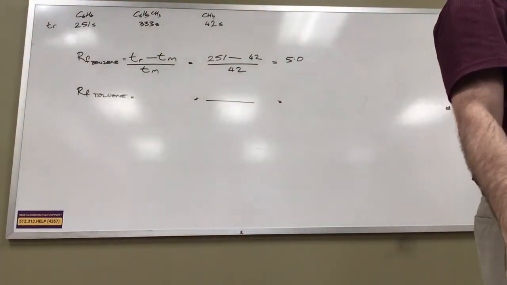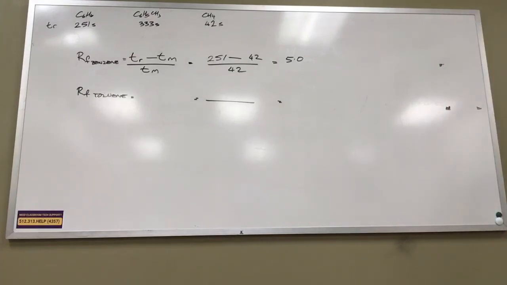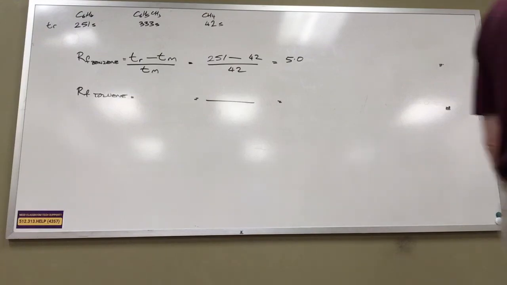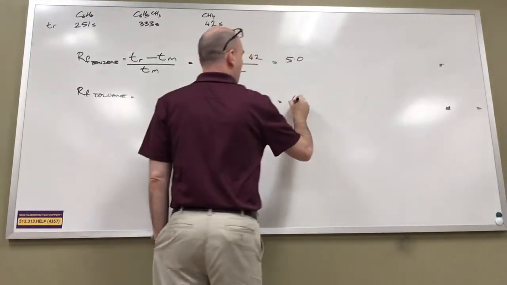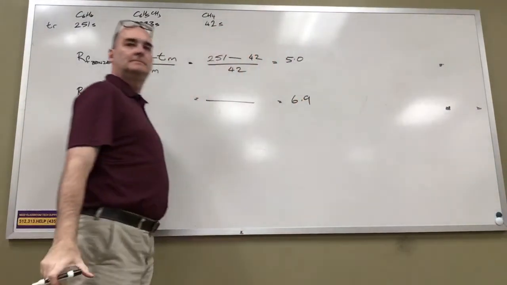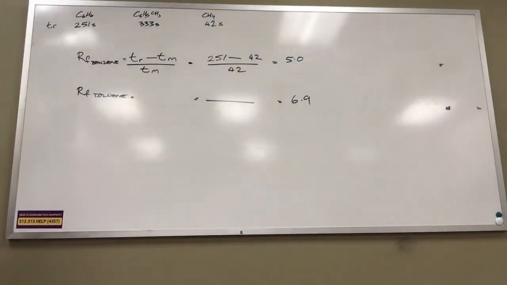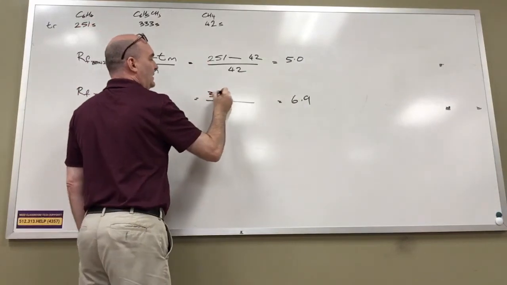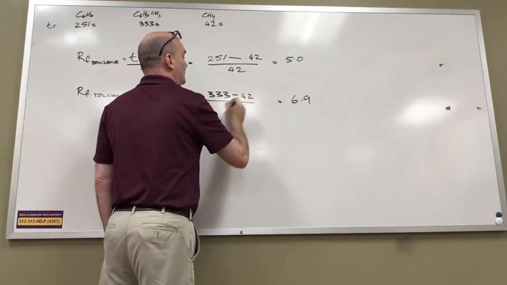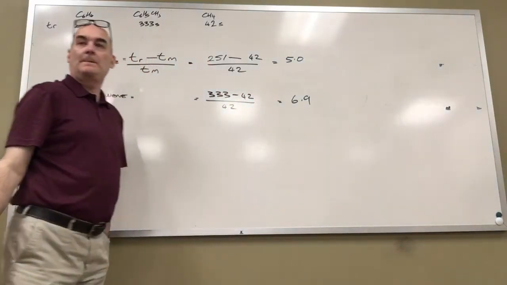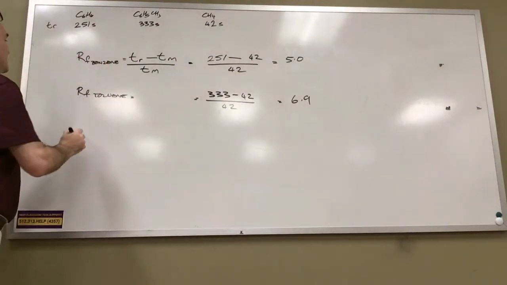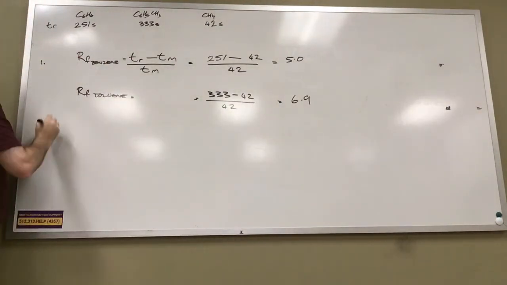What's the value for toluene? The retention factor, I got 6.9. That'll do. Anybody else get 6.9? I do. You do that by the 333 minus the 42 over the 42. Okay. So that's part 1.